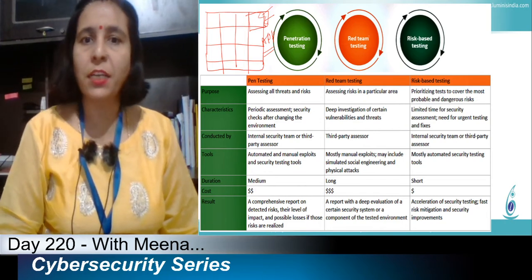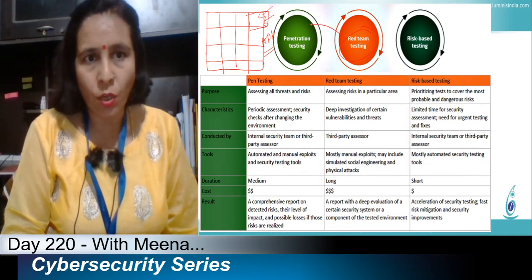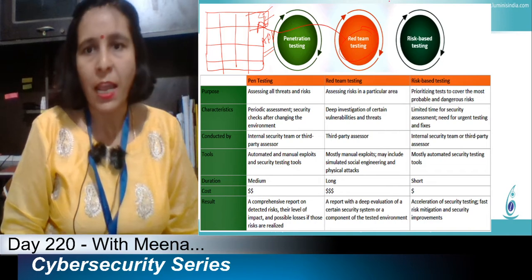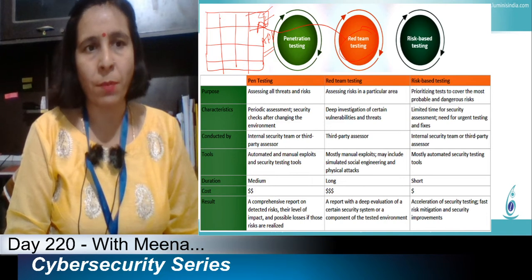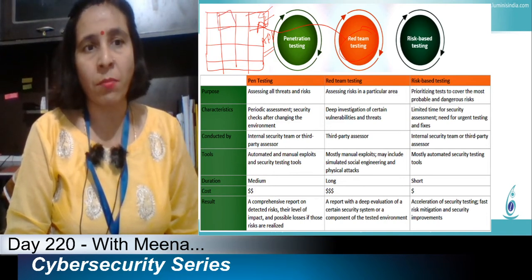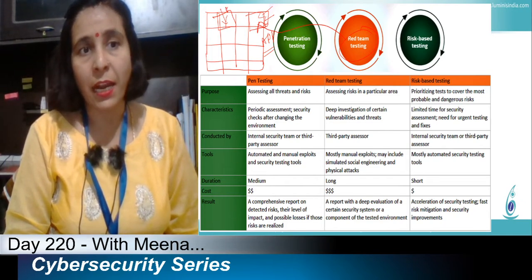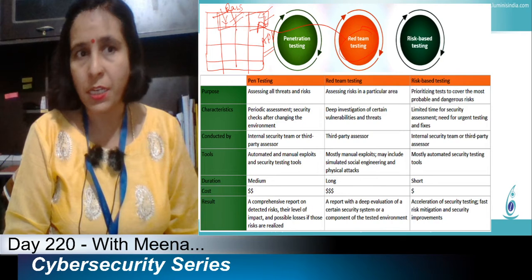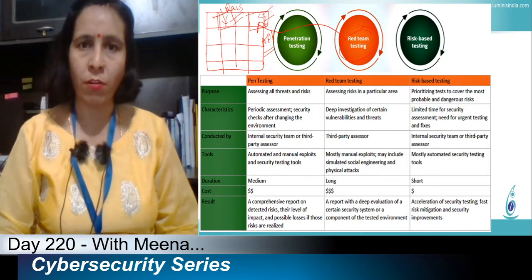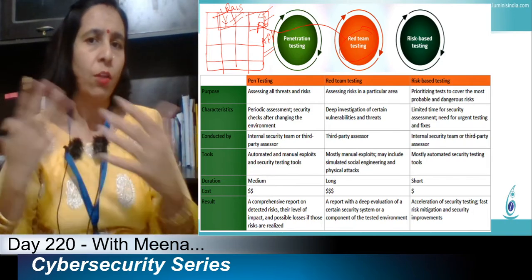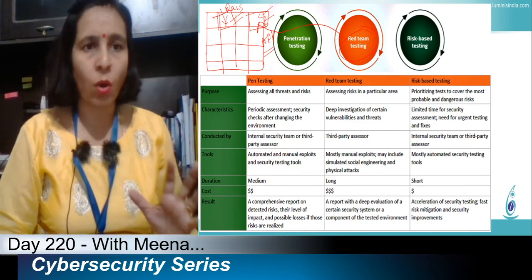So for that red team, you are hiring a third party, and you are focusing only on a particular section. Okay, and if we know some kind of attack happened, for example, we have some servers where our data is stored, and a ransomware attack happened on it and they encrypted all that data. For security purposes we have the backup, for example an offline backup, so we can restore it.